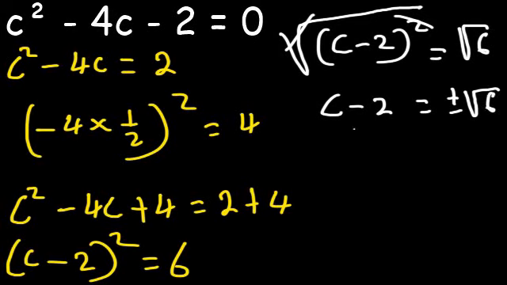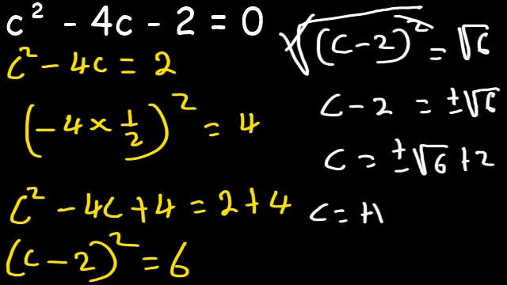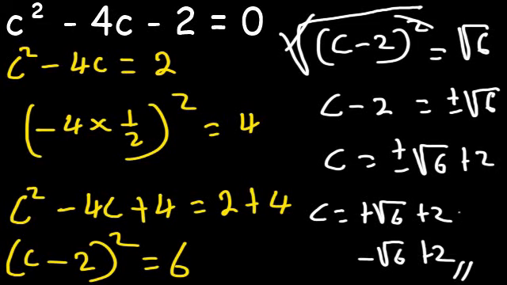So adding 2 to both sides, I have c equals plus or minus square root of 6 plus 2. So the value of c will either be equal to plus root 6 plus 2 or minus root 6 plus 2. And this is our final answer to this problem.